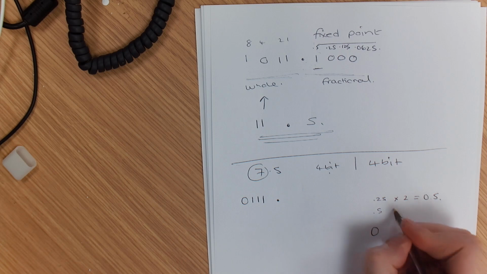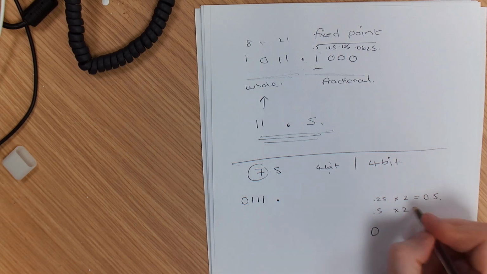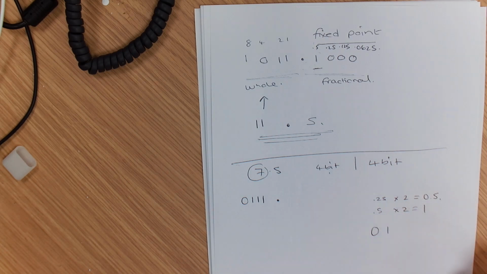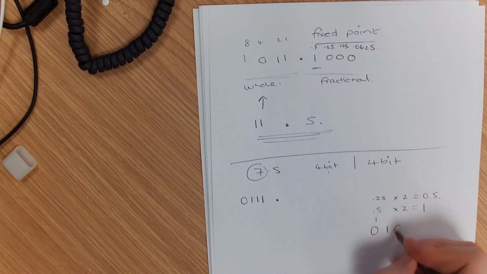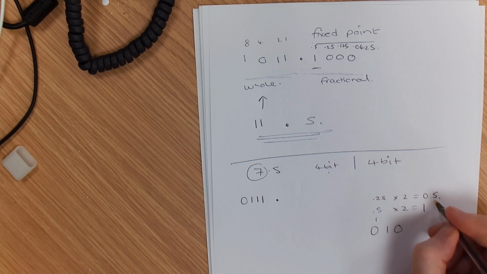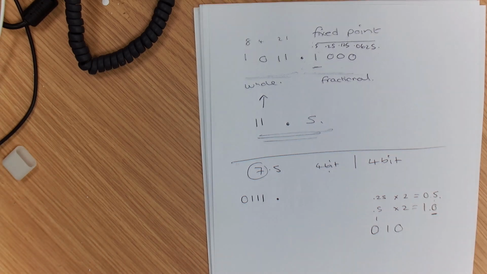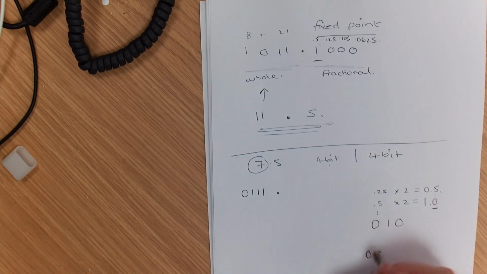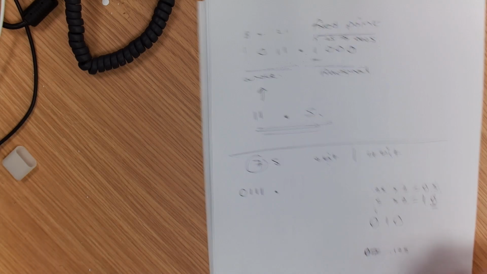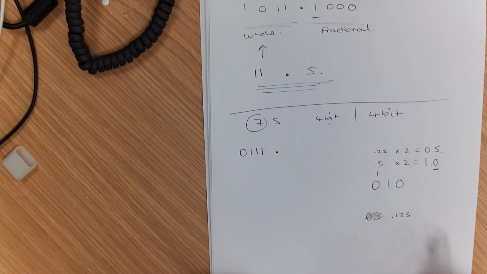What's 0.5 times 2? 1. So I'd end up with 0 next, because you're only multiplying the decimal bit. Let me show you with 0.125, just to show how to work out the fractional bit.